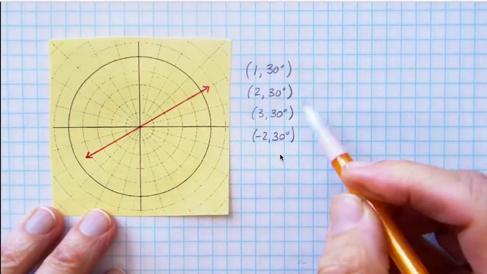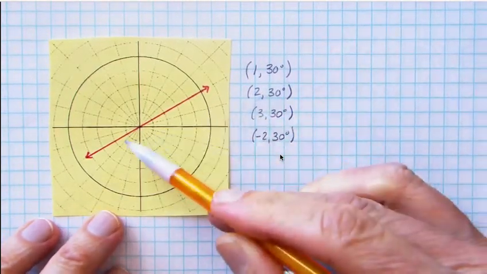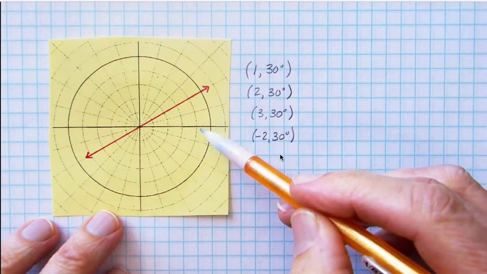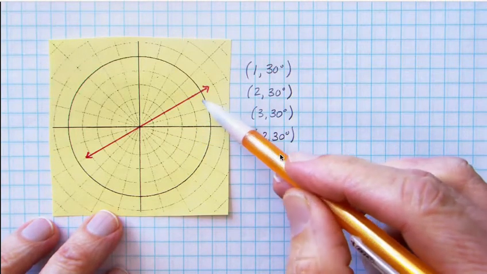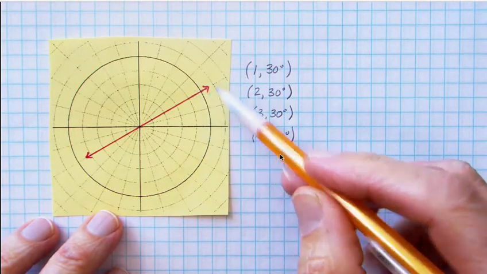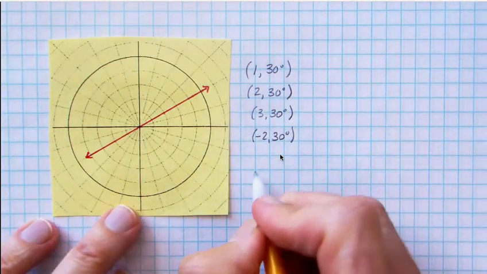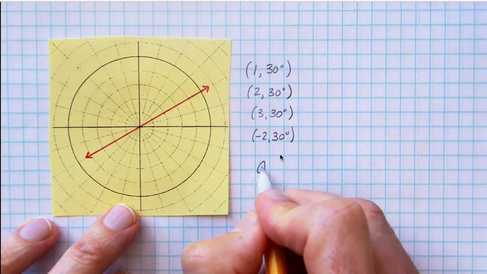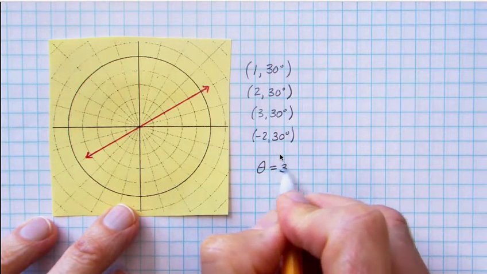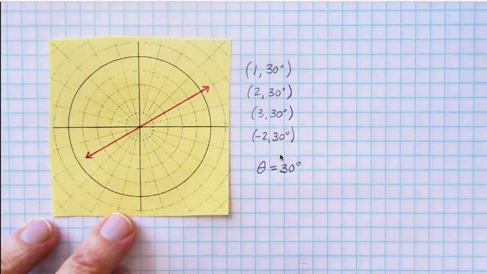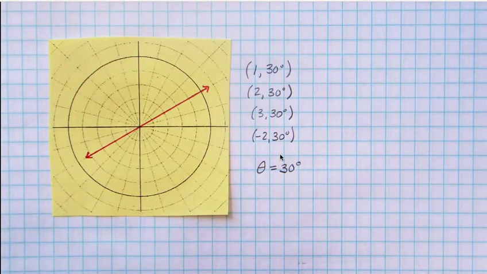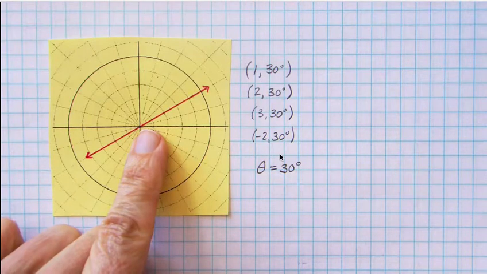You start to realize r could be pretty much anything we want, but what remains constant is the rotation of 30 degrees. This is a constant equation. In this case, theta is held constant at 30 degrees. Theta equals 30 degrees would be an equation that represents what we see in this picture.